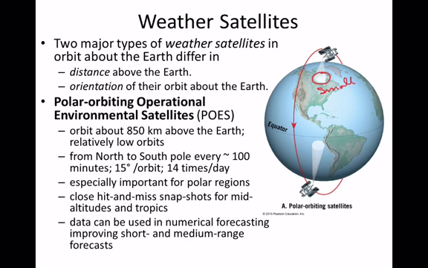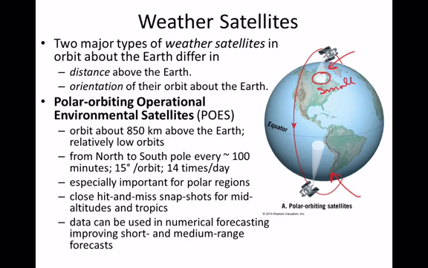The other thing is that the other type of satellite does not do well over the poles, and this one gets really good shots at the poles. It takes about 100 minutes to go around once.